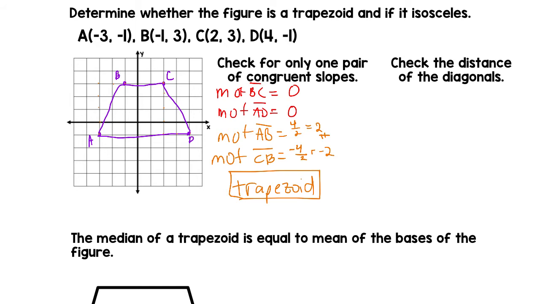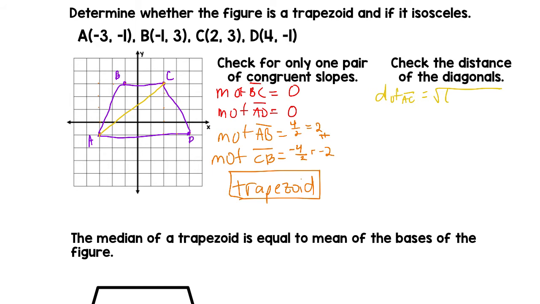Next question. We want to know if it's isosceles. Well, to do that, we check the distance of the diagonals. Let's see where the diagonals are. One diagonal is connecting A and C. So the distance of AC is going to be this big long distance formula.